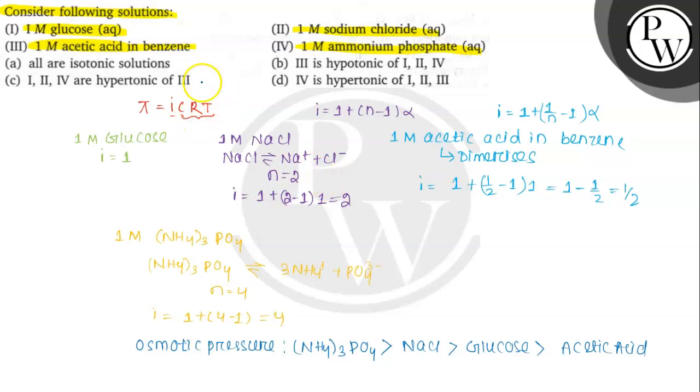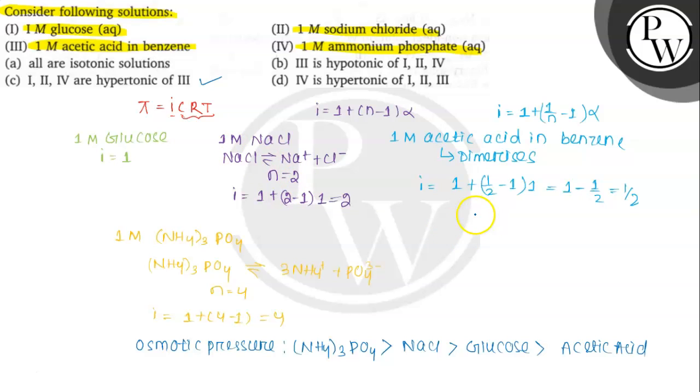It is obviously correct, because I, that is glucose, II, that is NaCl, and IV, that is (NH4)3PO4, have higher Van't Hoff factor values than acetic acid. Now, 'III is hypotonic of I, II and IV': III, that is acetic acid, is hypotonic.